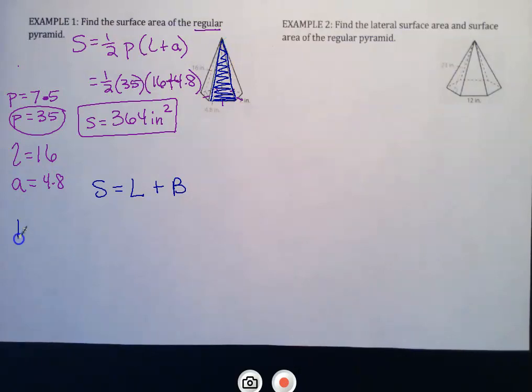So the lateral surface area would equal 1/2 of 7 times 16. Well, not 7. Wait, 7 times 16, why did you say that? Well, it's still the perimeter times the slant height. So it would be 35 times 16.